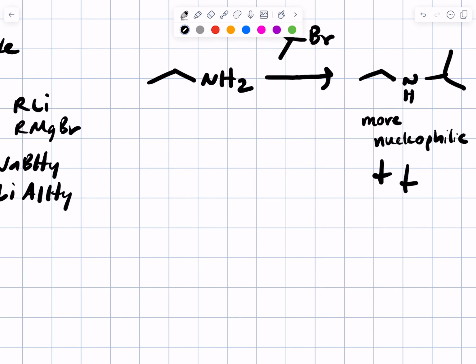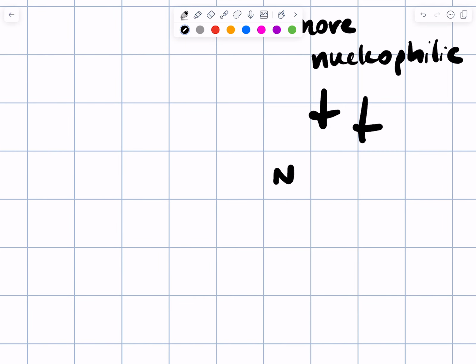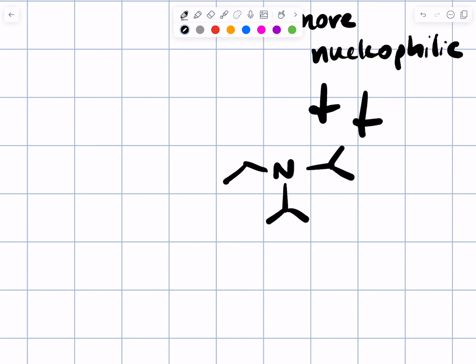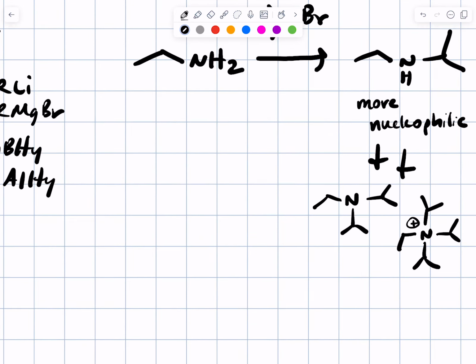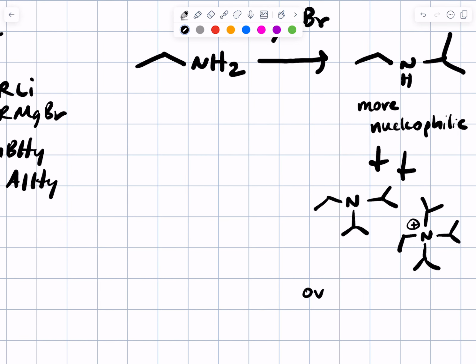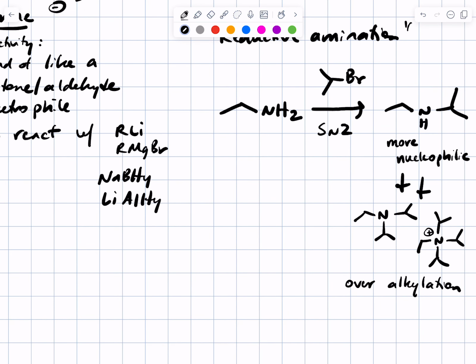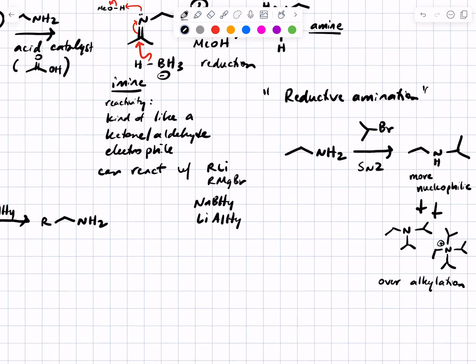And in the case of trying to do substitution reactions with amines, you often end up with what are called over-alkylated products, where with each alkyl group you add more nucleophilicity to the product. Over-alkylation is a classic problem in attempting to do amine alkylation via an SN2 reaction.